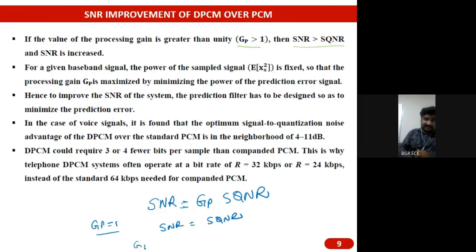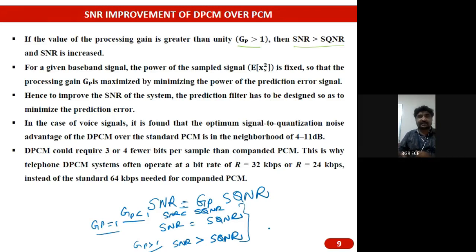If GP is greater than 1, then only the SNR will be greater than SQNR. If GP is less than 1, then SNR will be less than SQNR. So these are all the constraints we are having. So always we are expecting that the processing gain of the DPCM system should be greater than unity to maintain a good SNR at the output of the DPCM receiver.